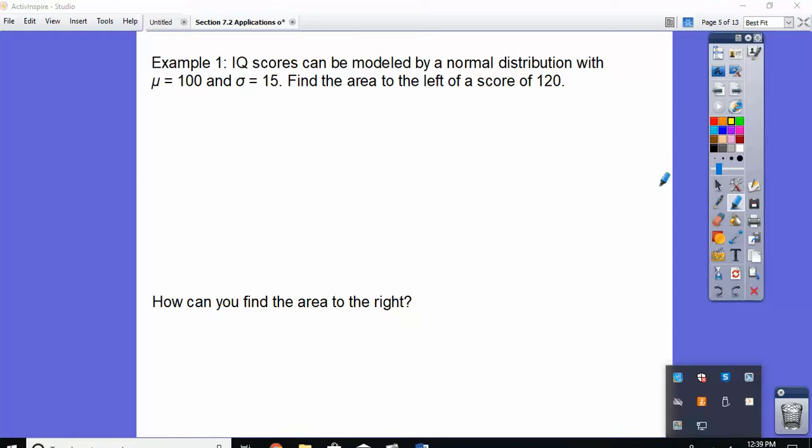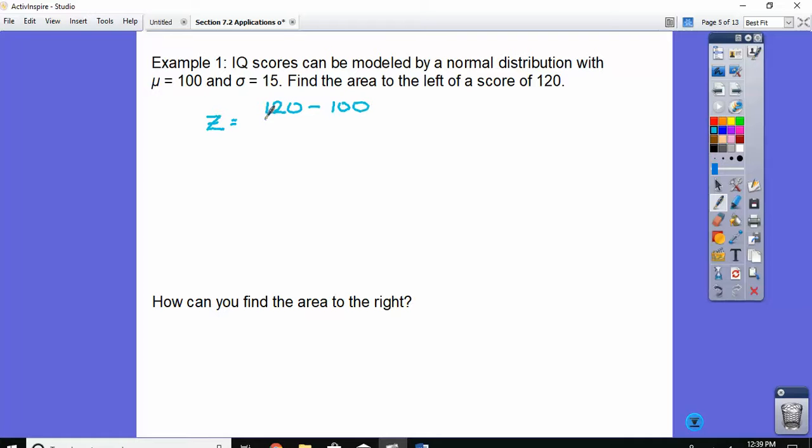So, to find our z, z is x. What's my x value? 120. Minus the mean over the standard deviation. Just go to 2 decimal places. That's really all we need. You get 1.33.